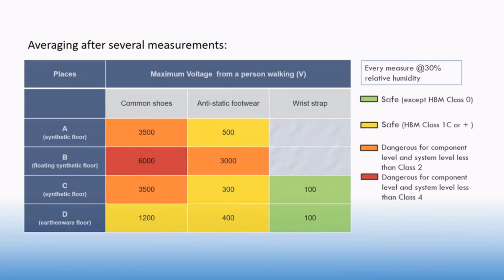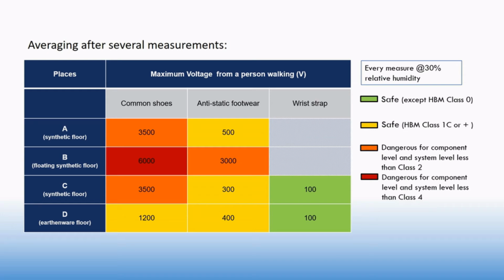We repeat the same movements in different cases, as we can see in this table. The boxes in green are voltages safe at component level, except class 0. The yellow ones are safe for components that have passed the standardized threshold limit, 2 kV, that corresponds to class 1C.